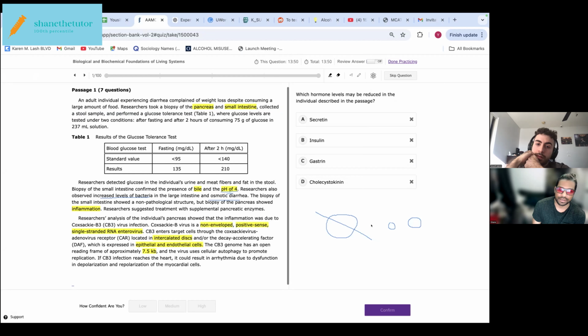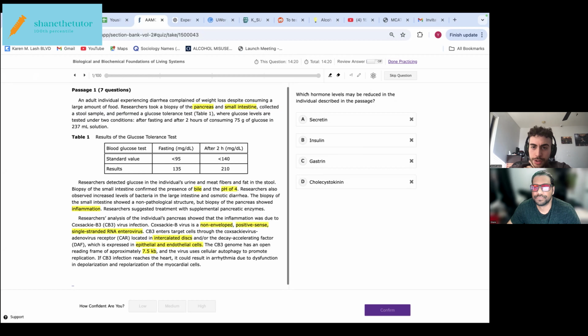And then there's the reading frame of that many bases, 7.5 thousand bases, right? Per KB. And it uses cellular autophagy to promote replication. And if it reaches the heart, it's going to really mess that up. So, okay, let's try the questions here.